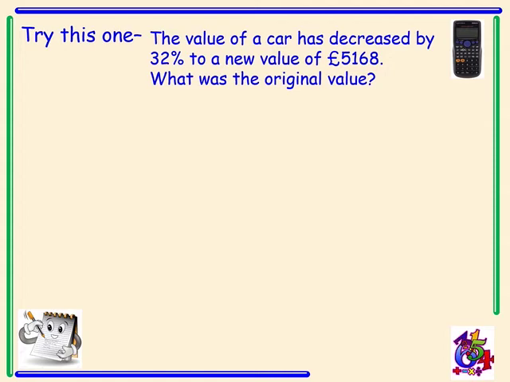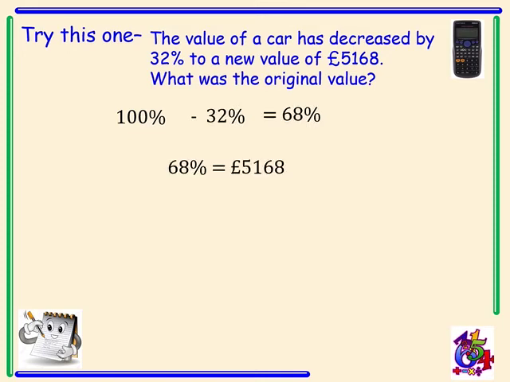Pausing the video. This time the value of the car has decreased by 32% to a new value of £5,168. So I want to know what percentage my £5,168 is. 100 decreased by 32 is going to be 68%. So that means that 68% is equal to £5,168.